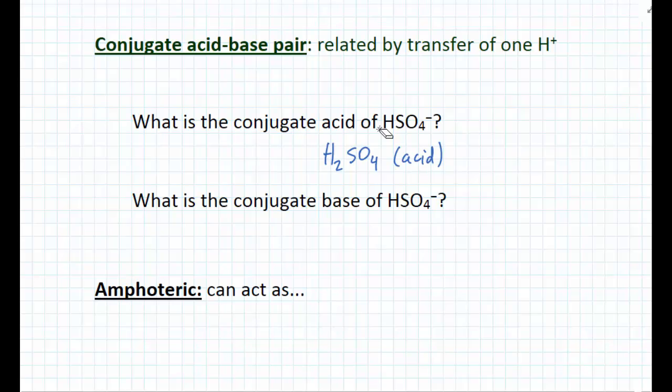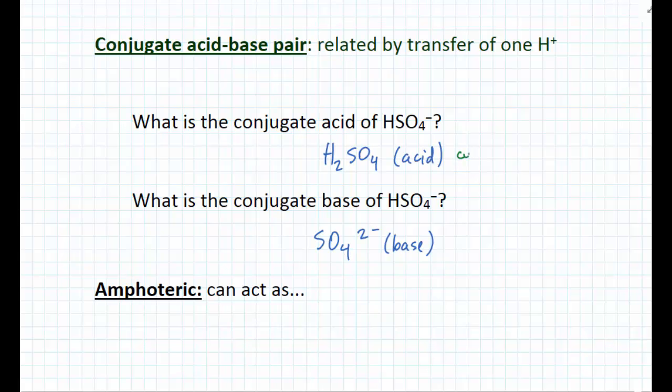So, what would be the conjugate base of HSO4 minus? SO4 2 minus. Okay. So, over here, let's write the little explanation.